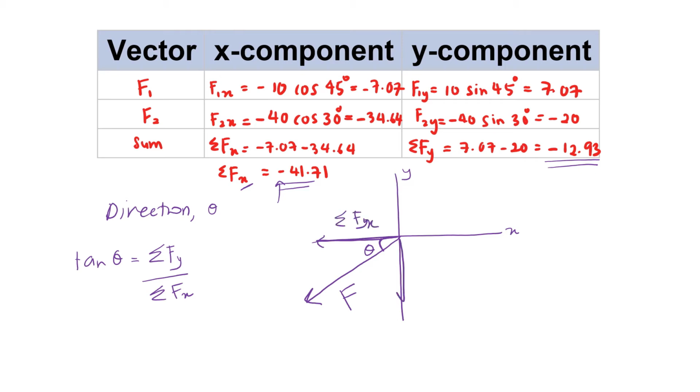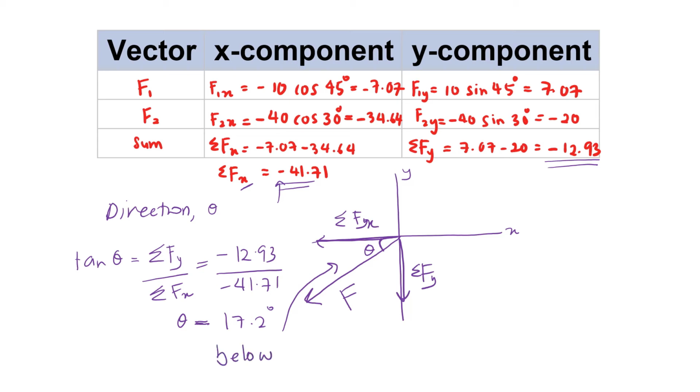Substituting the values, we have negative 12.93 over negative 41.71, and you do the calculation and you will have your angle as 17.2 degree. If you refer to this drawing, you have to state that the angle is below the negative x-axis, because it is important to state the direction.